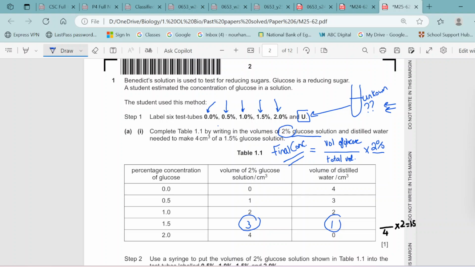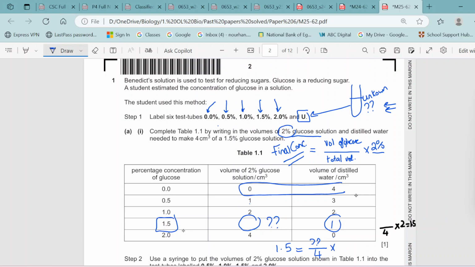So what is the final concentration? 1.5. How much did I use from the glucose solution? I don't know. What is the total volume? All of them are 4. 4, 0; 3, 1 is 4; 2, 2 is 4; 0, 4 is 4. So this is probably also 4.